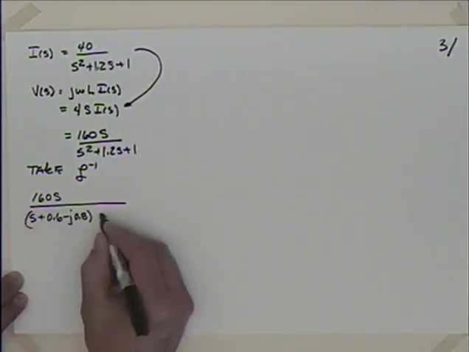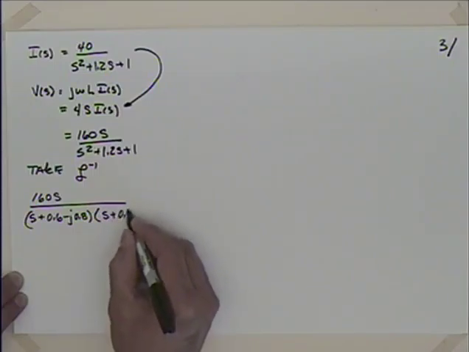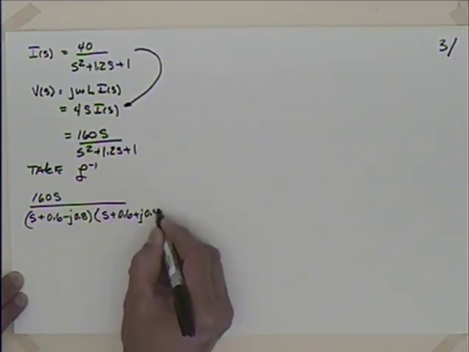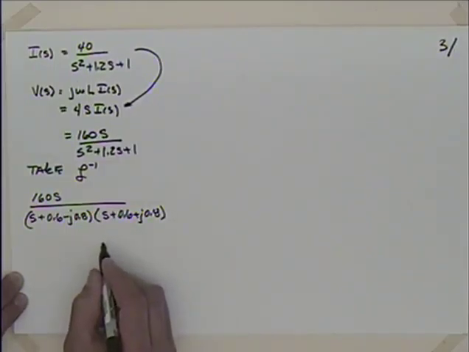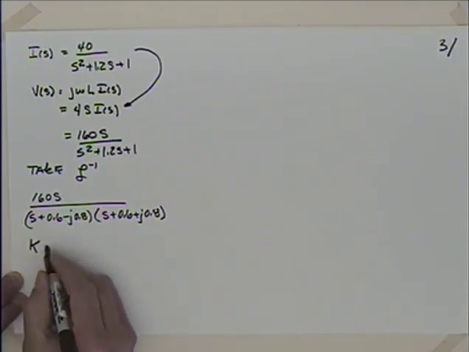The denominator should be the same thing that I was through before, s plus 0.6 plus j0.8. And I could say then that K would be equal to what?